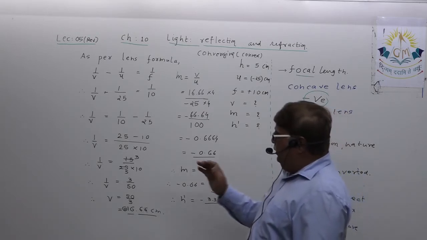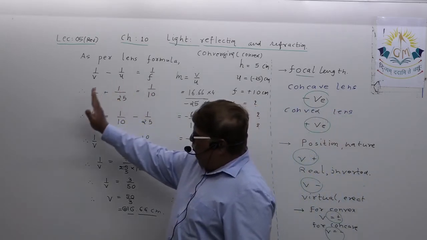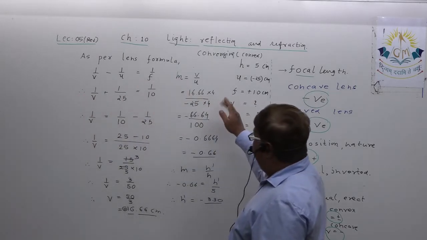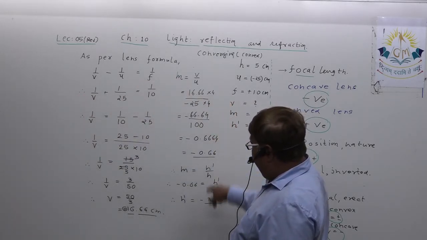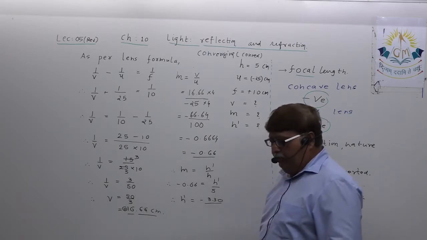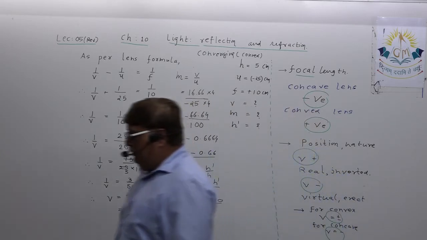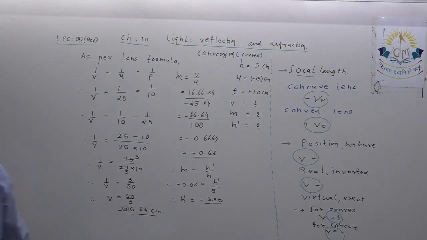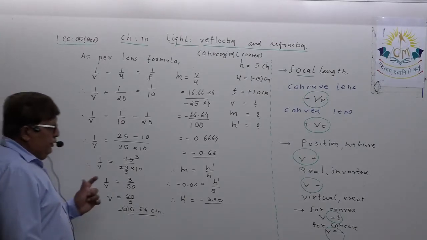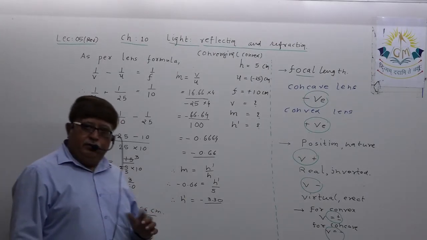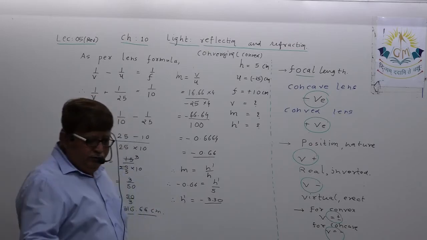Whenever we are speaking other side, that means object left side, image right side. It is real and inverted, of the size 3.30 centimeter, and then we will verify it with the help of the lens diagram also. Understand?